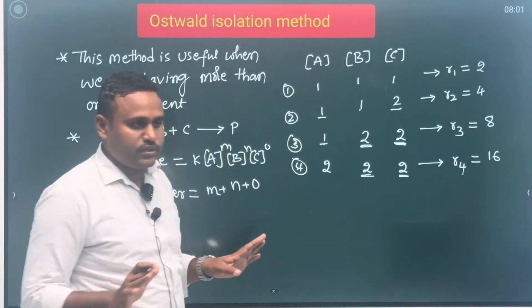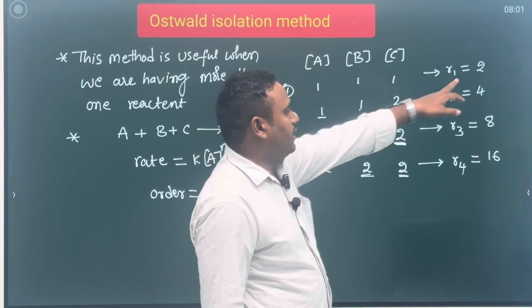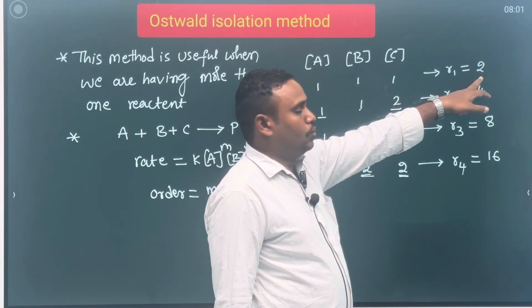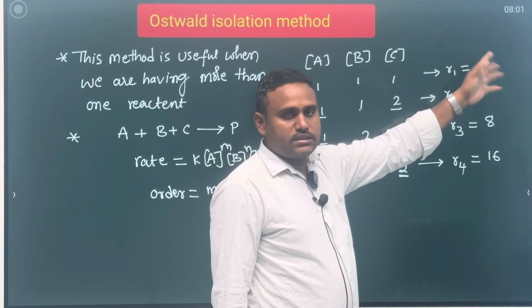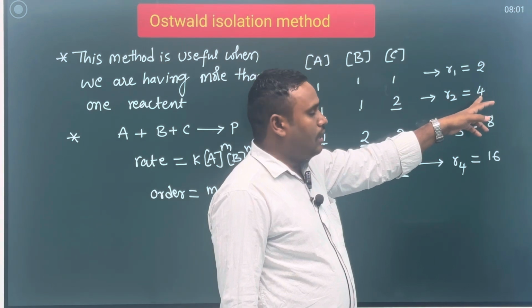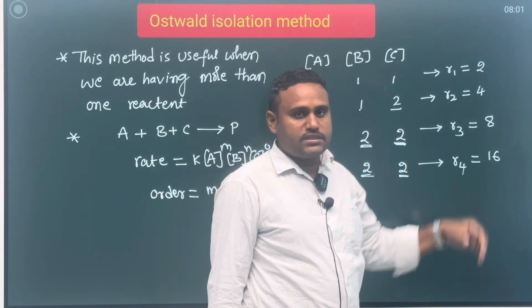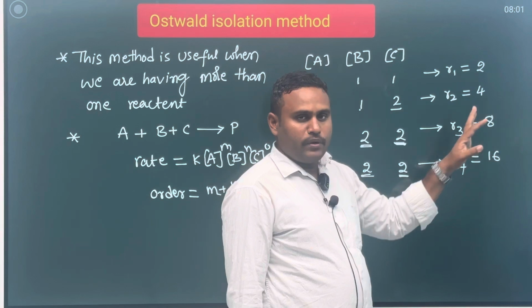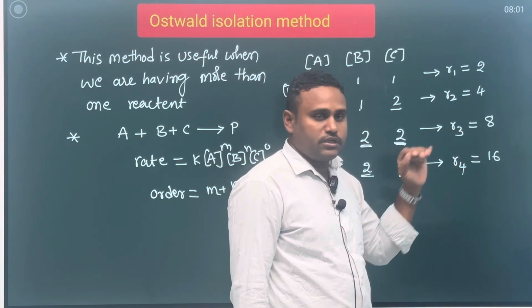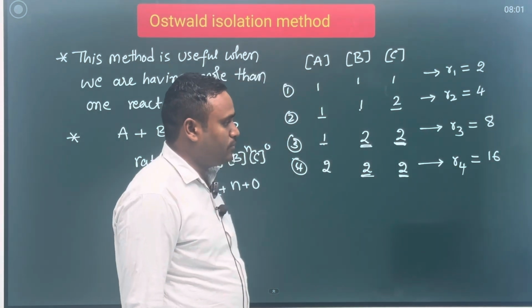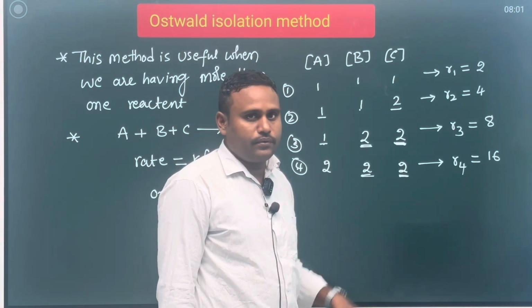These are the hypothetical values only. So your rate is, I am going to consider, 2 moles per liter second, and R2 4 moles per liter second, and R3 8 moles per liter second, R4 16 moles per liter second, like that we are going to consider.